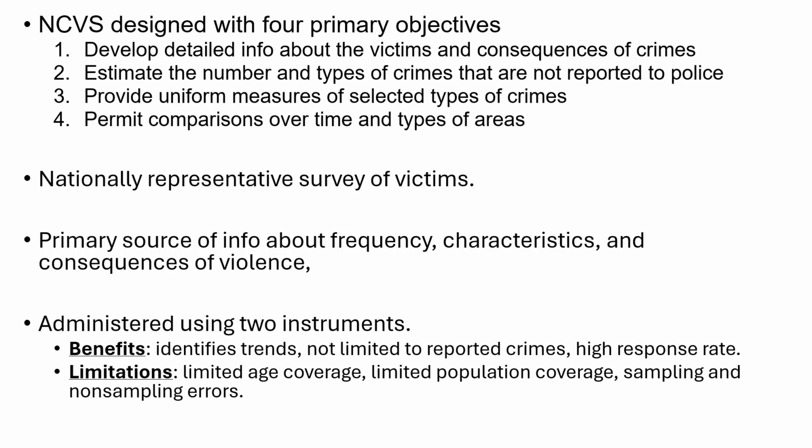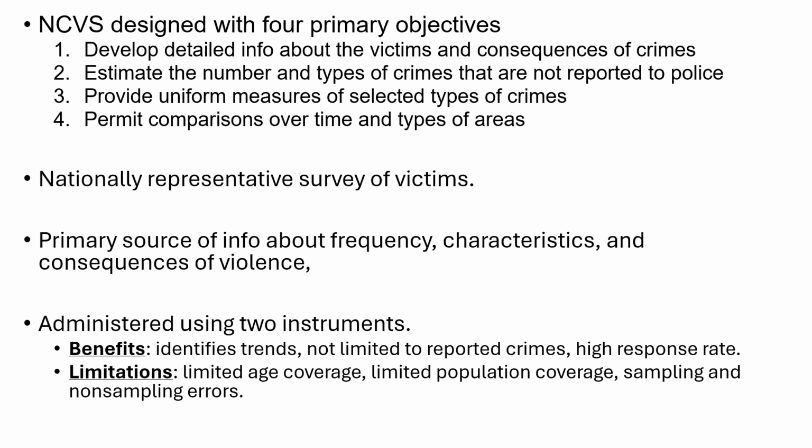The NCVS was designed with 4 primary objectives. The first one was to develop detailed information about the victims and consequences of crime. Then we wanted to estimate the number and types of crimes that are not reported to police. Because remember, that was a major pitfall of all of our crime databases, the UCR, the NIBRS, is it still didn't account for those dark figures of crime.